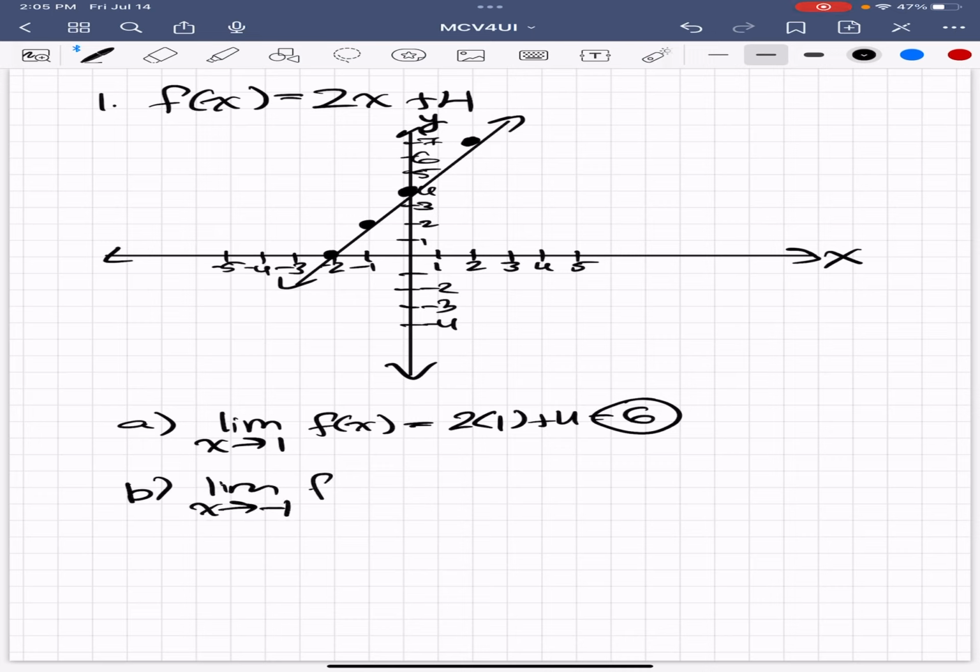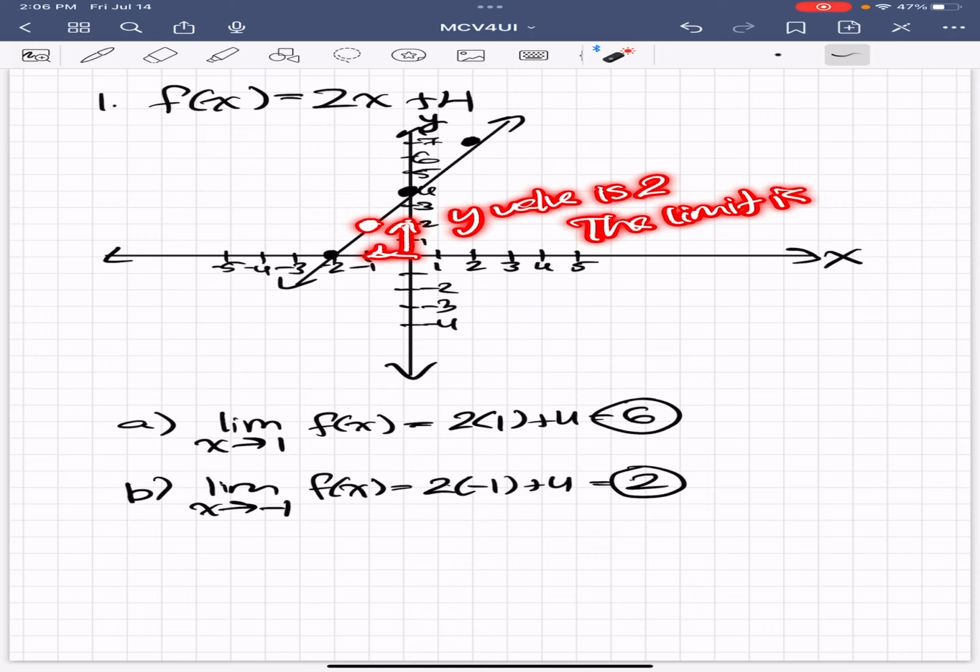By analysis of this chosen graph, as x approaches 1, the y value is 2. So the limit is 2. And we calculated that by substitution.